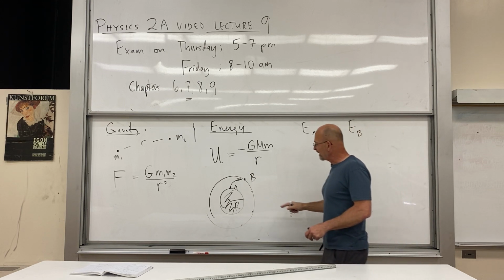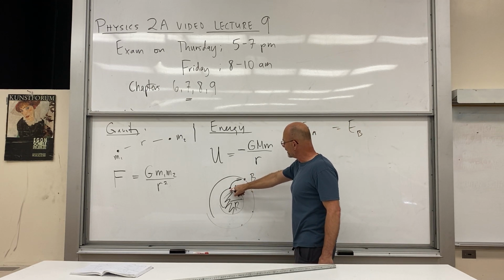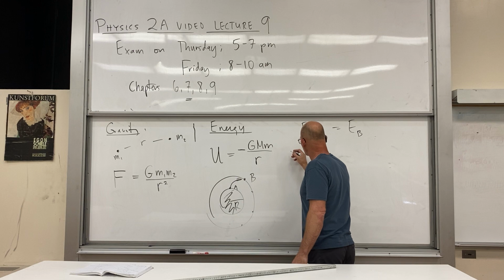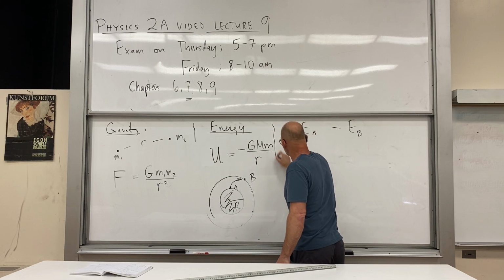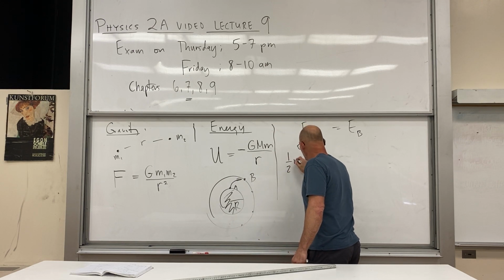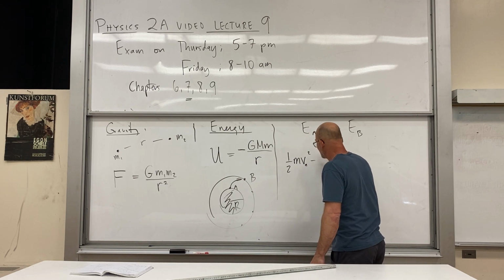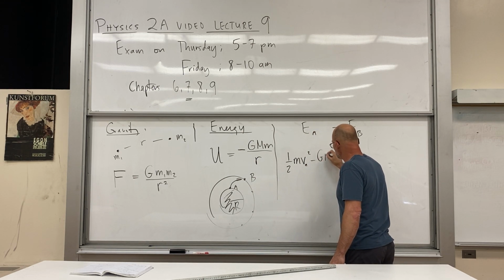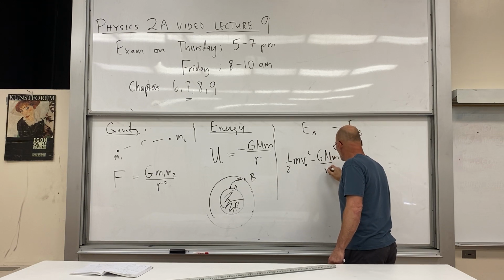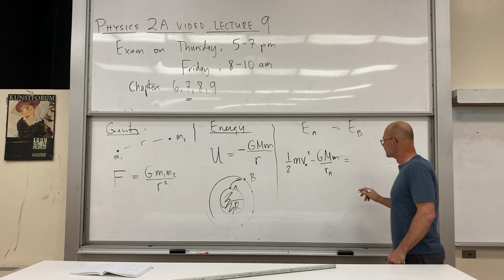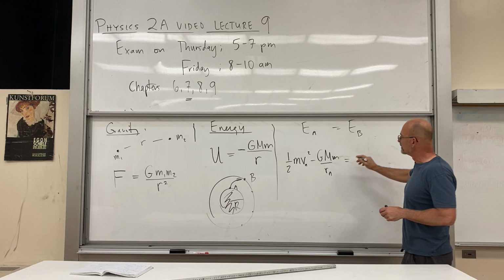And at point A, whether or not we were moving down here, our energy, well, first I'm going to separate that off. One half m v sub A squared minus G M m over R sub A. So you want to remember how to write this formula down.